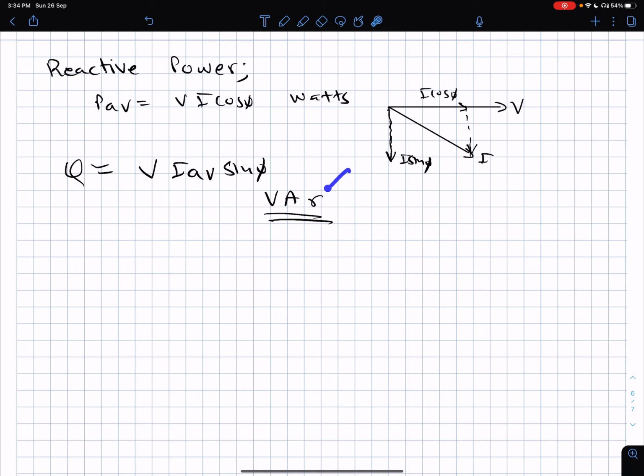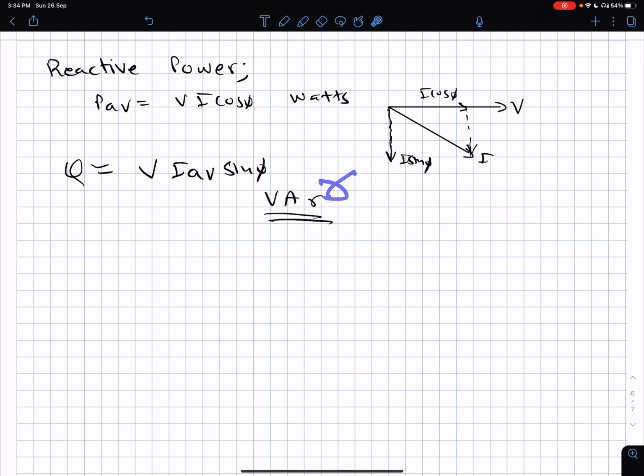So we don't want to write its unit as watts, but it is still product of voltage and current, so we write it as VA. But if you don't write anything else, it amounts to saying that it is watts, which is not what we want to say, because we are just keeping track of the component that we are losing.